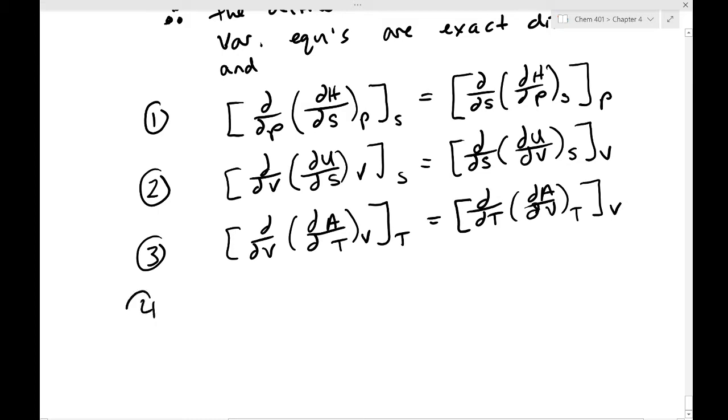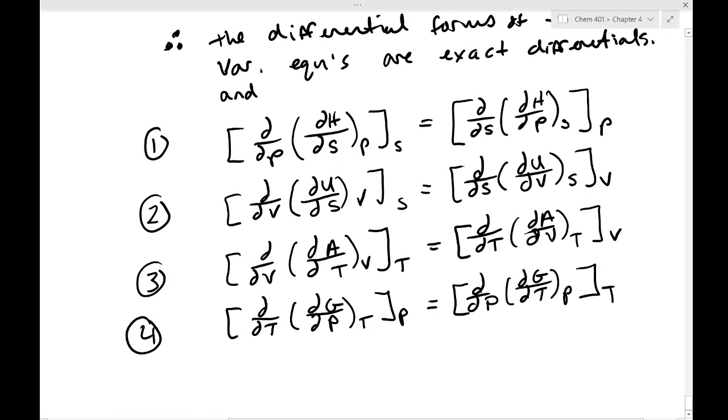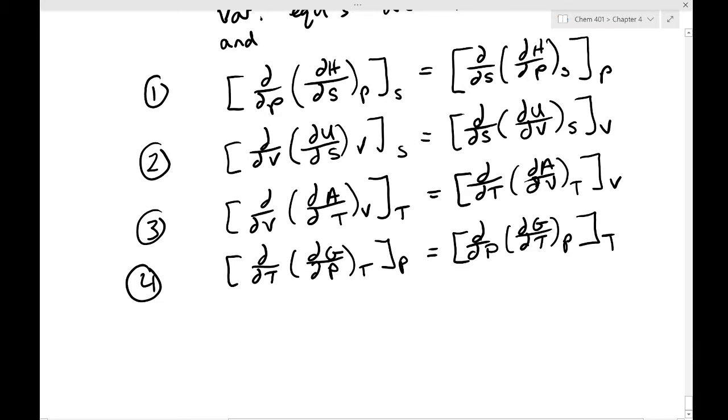And finally, for the Gibbs energy, the change with respect to temperature of the change in G, or Gibbs energy, with respect to pressure at constant temperature at constant pressure is equal to the change with respect to pressure of the change in Gibbs free energy with respect to temperature at constant pressure at constant temperature. Okay, so because you can call these things exact differentials, we can make these definitions here.